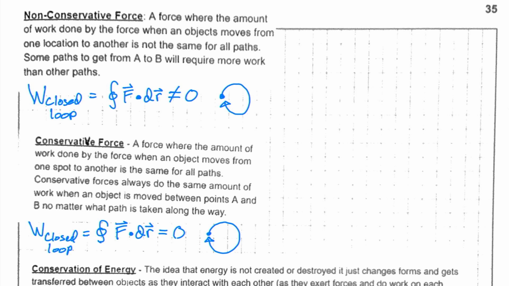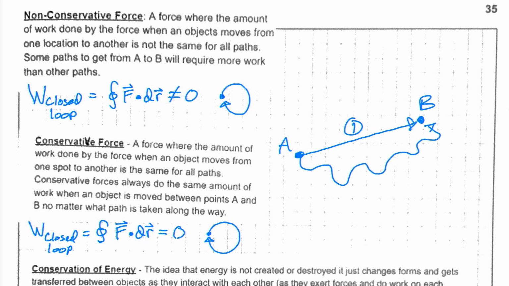Another way of defining or thinking about conservative and non-conservative forces, instead of a closed loop, is if you just went along a path from one location to another. Let's say that we start at position A, and I've got position B over here, and I take path number 1, and then I take some other path, we'll call that number 2.